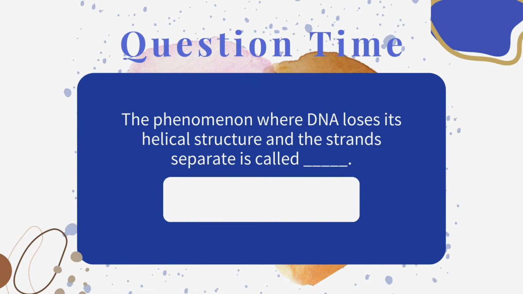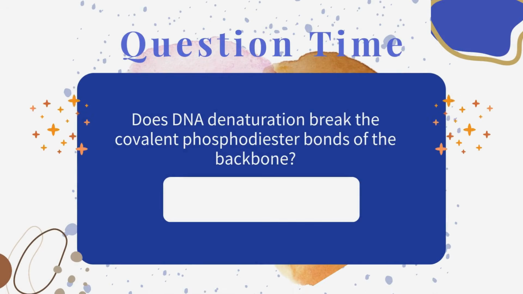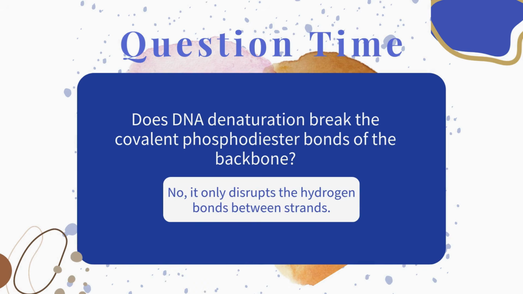The phenomenon where DNA loses its helical structure and the strands separate is called denaturation. Does DNA denaturation break the covalent phosphodiester bonds of the backbone? No, it only breaks the hydrogen bonds between the strands.